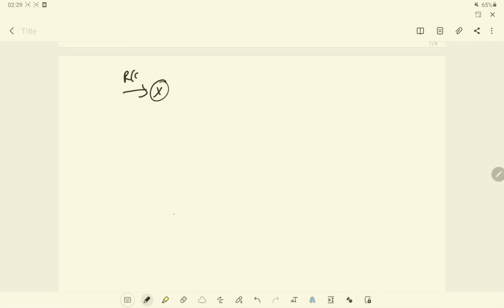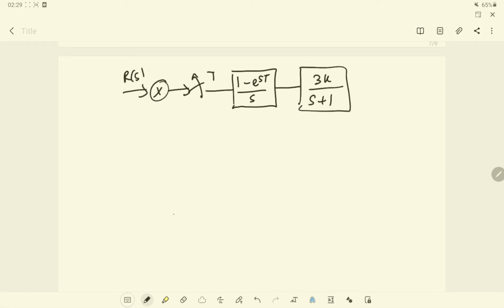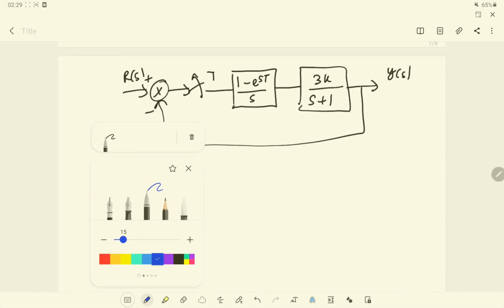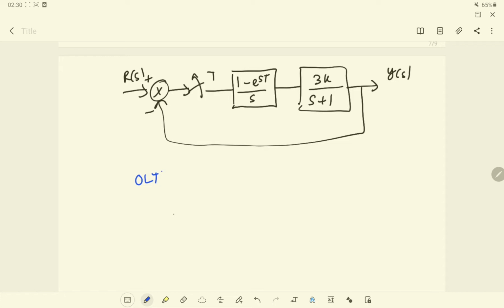Same, R(s), then a sampler with sampling time T, then the zero order hold, (1 minus exponent minus sT) over s, then the system 3K over (s plus 1), then Y(s), with negative feedback. Now the question: what is the open loop transfer function, similar to the previous examples?